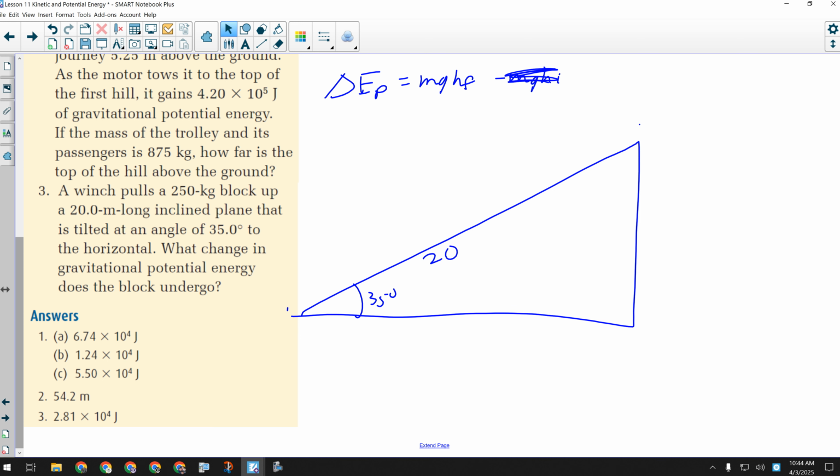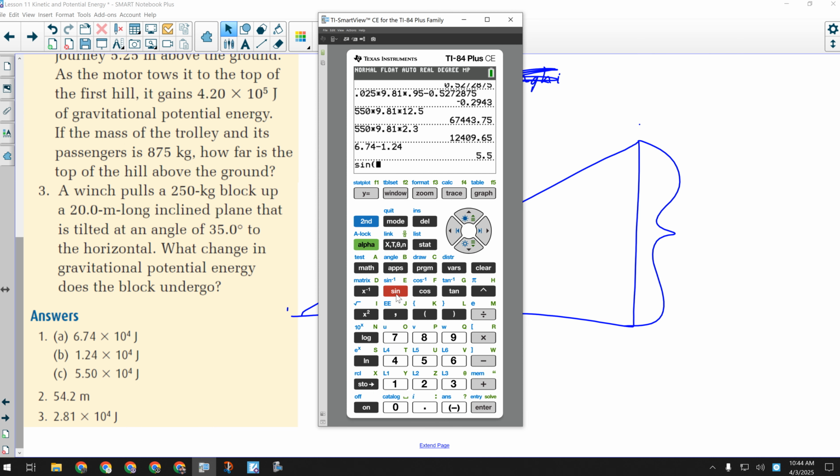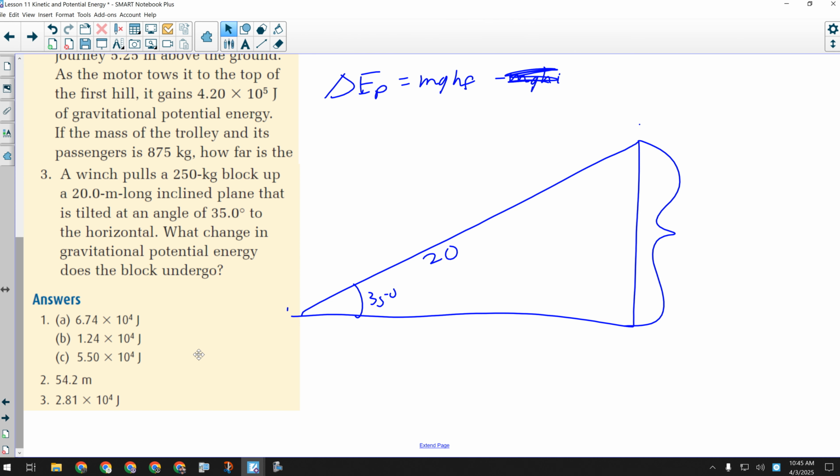If I want to calculate this, all I need is this side, agreed? So it's the opposite side. So sine of 35 times 20. That side's 11.47 meters.